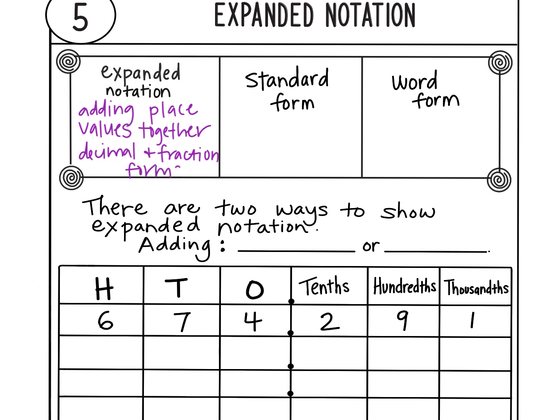So you're going to see what that looks like in just a minute. And you've seen it before. You just might not have known that it's called expanded notation. Standard form we're familiar with. Standard form is when you see just the number, regular. And word form is when we write it in words.